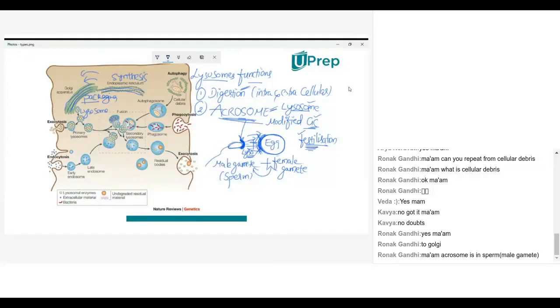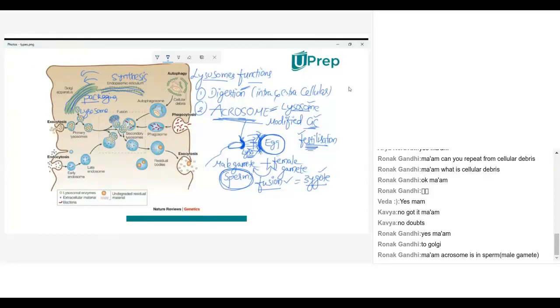In that way, male and female gamete fusion happens. So for the fusion of male and female gametes, we need the acrosome structure in the sperm cell. Clear? After fusion, what do we get? We get a zygote.